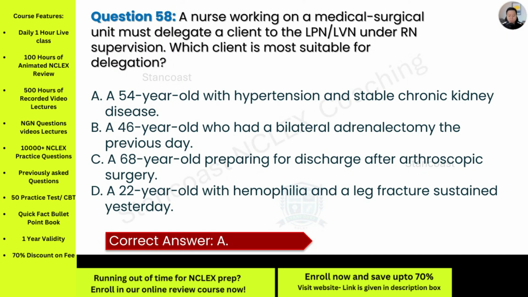So when you are delegating to a LPN or LVN, you have to delegate stable clients with predictable outcomes. So always think about reserving unstable clients, those that are requiring frequent assessments or education, to the registered nurse.